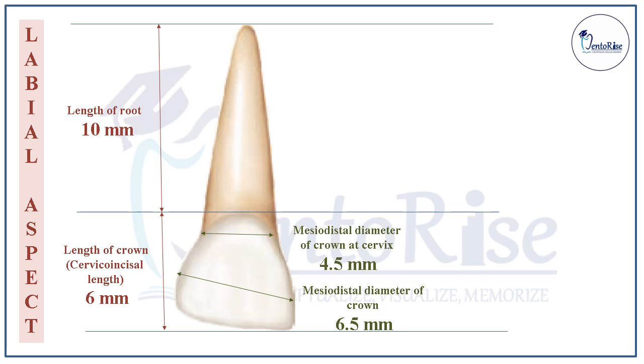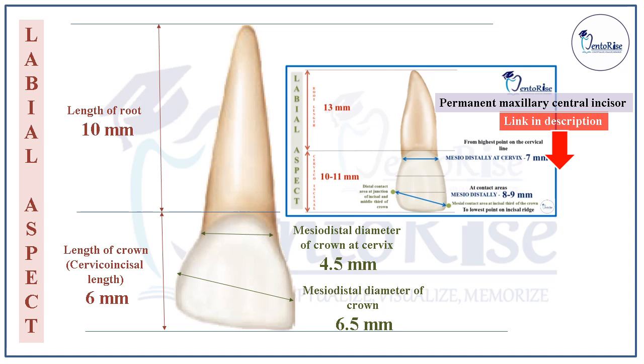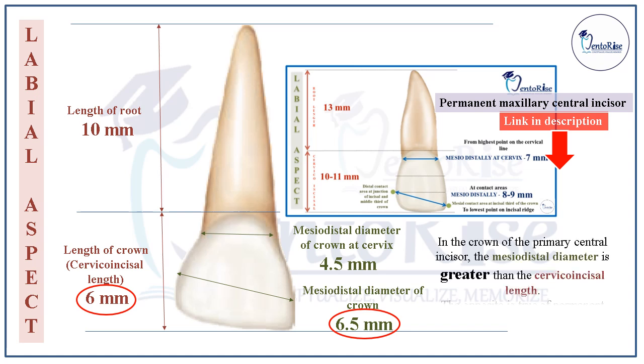Now if we compare these dimensions with the dimensions of permanent maxillary central incisor, then there are two main differences. The first difference is that if we compare the mesodistal diameter of the crown and the length of the crown, then the crown of primary maxillary central incisor is more wide and less long.